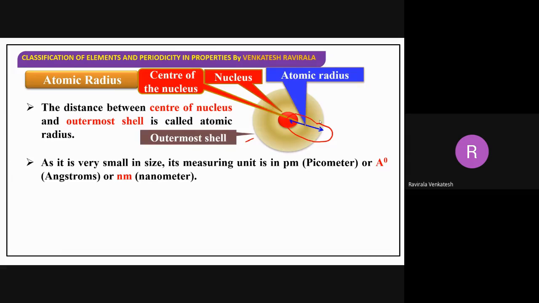If I give you some scale and ask you to measure the size of the atomic radius of a helium atom, is it possible for you, yes or no?